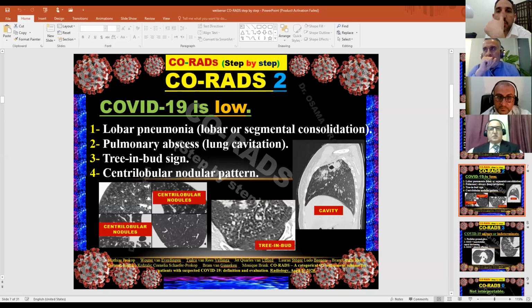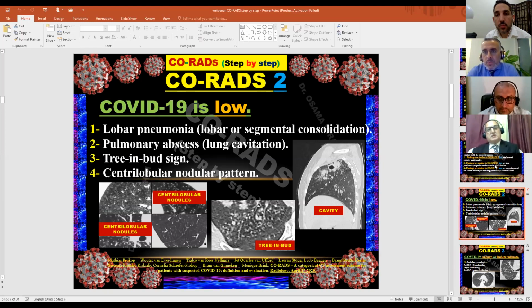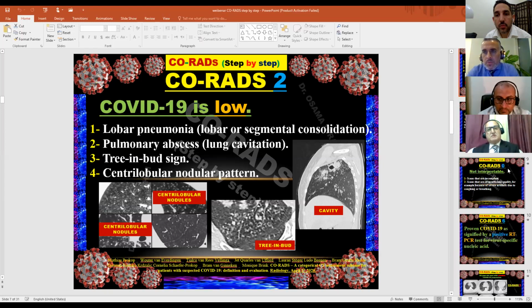For those with moderate disease, they also found, as I showed you in the slides, that favipiravir enhances and accelerates viral clearance and shortens hospital stay. So yes, there is a positive benefit for these drugs.